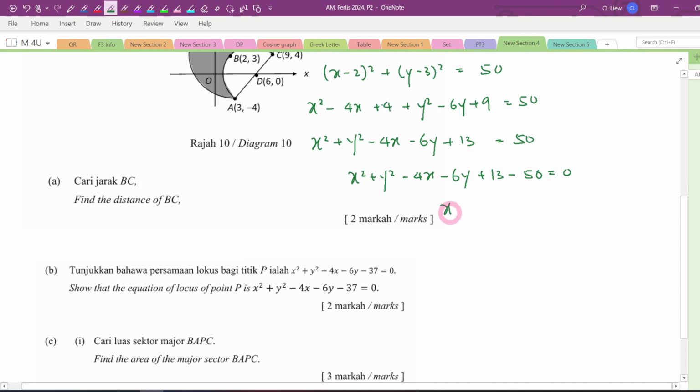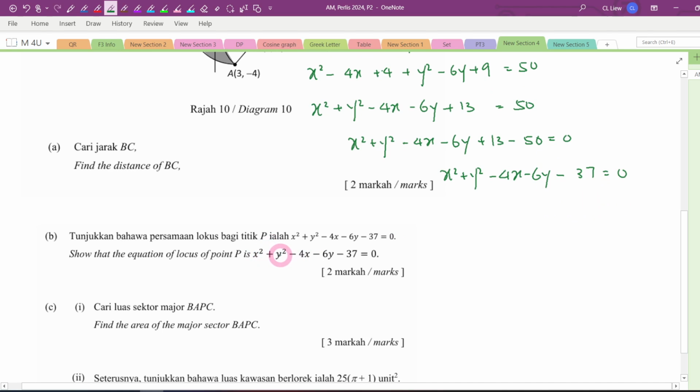Okay, one more step to go. This is equal to minus 37. Okay, is this correct? x squared plus y squared minus 4x minus 6y minus 37 is equal to 0. Okay, correct.